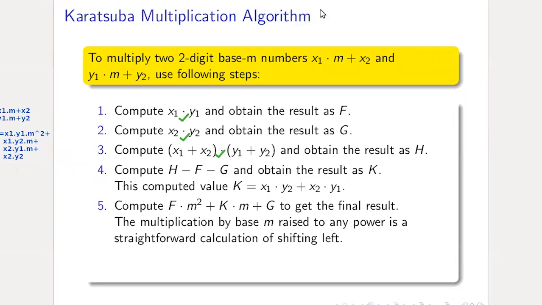Now if you look at the operations that are happening here, we have f, which is x1 y1, and g, which is x2 y2.